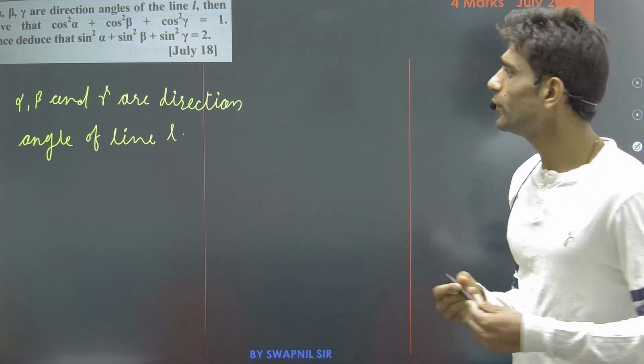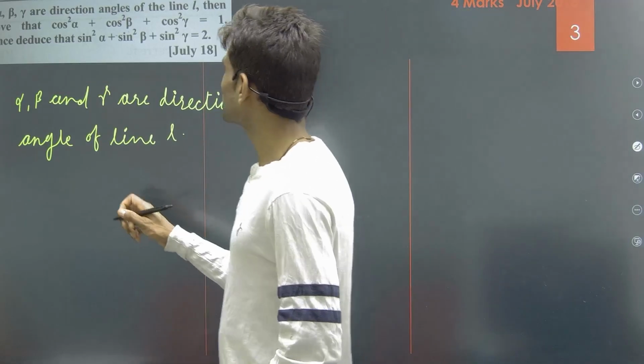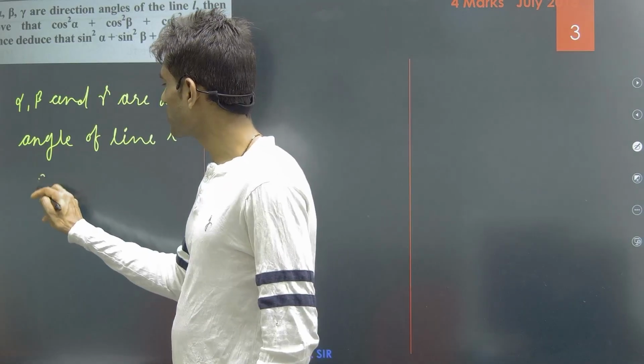Then we have to prove cos square alpha plus cos square beta plus cos square gamma is equal to 1.